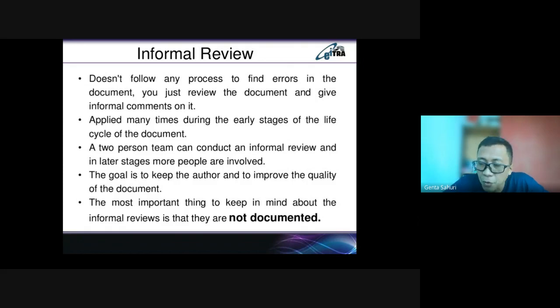The more people involved, the better the document that we can get. The goal is to keep order and to improve the quality of the document. The most important thing to keep in mind about informal reviews is that it's not documented, since it's informal, just like an additional note.